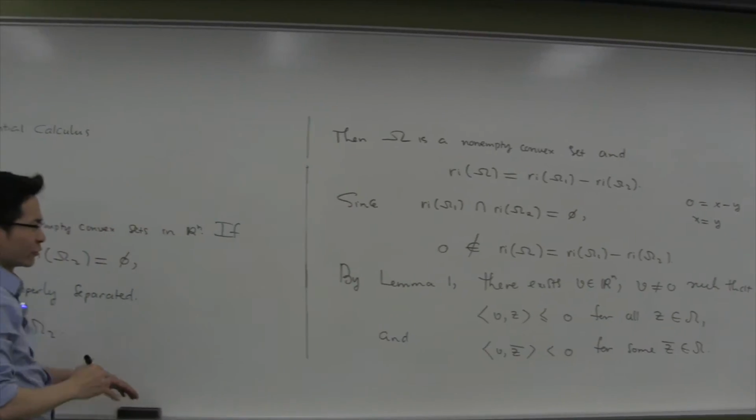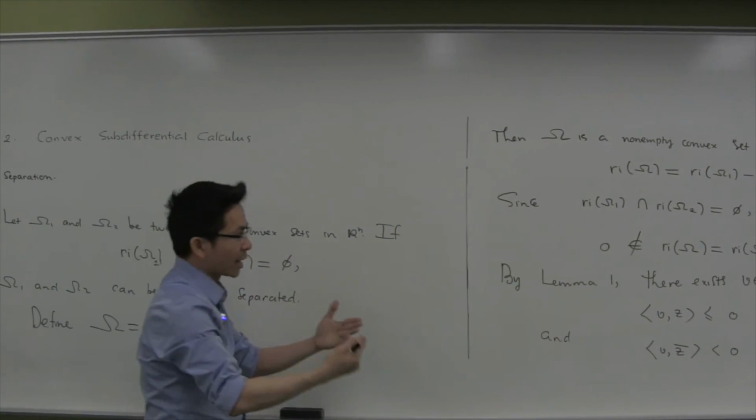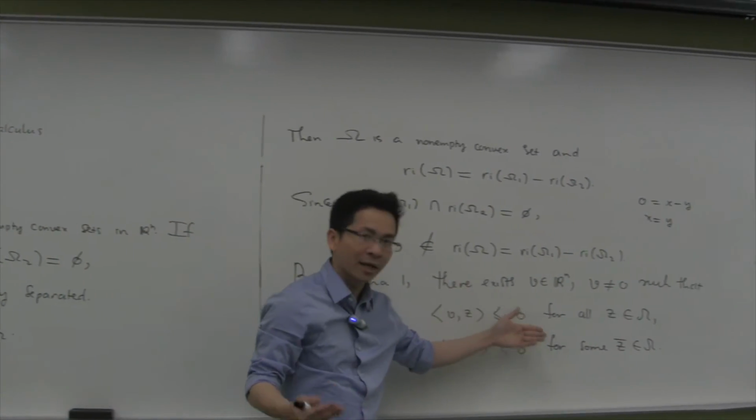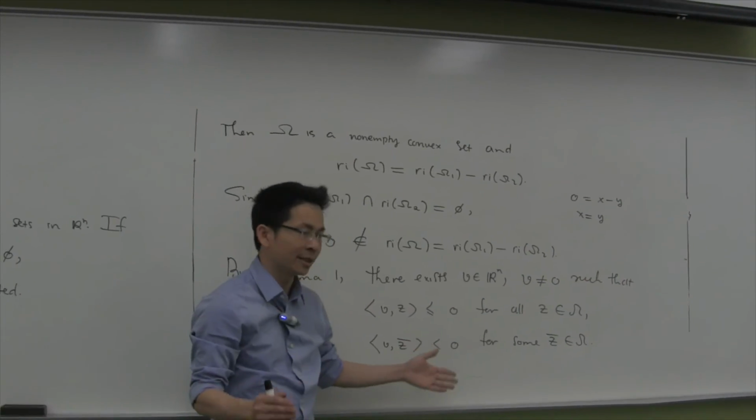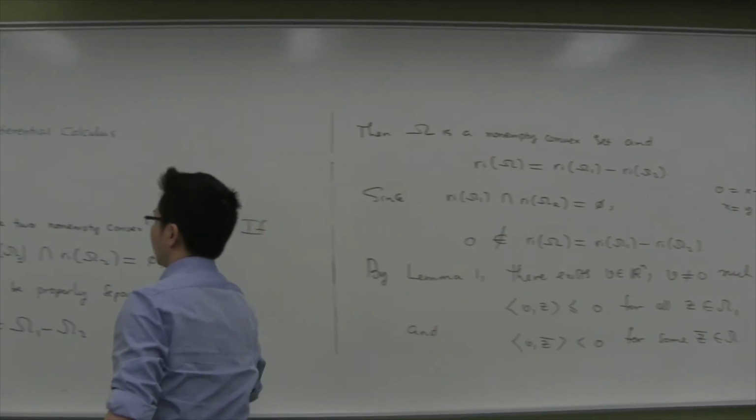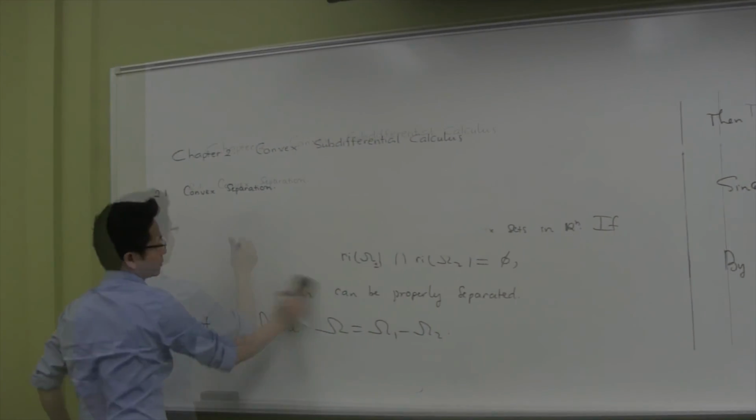Okay, so from here we can show that omega 1 and omega 2 can be properly separated. And the proof goes as follows.